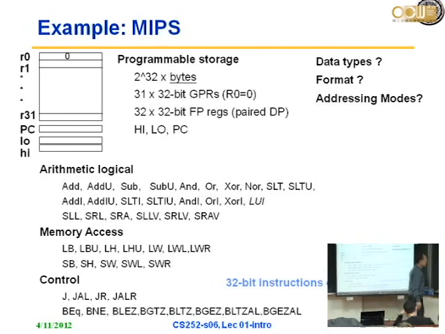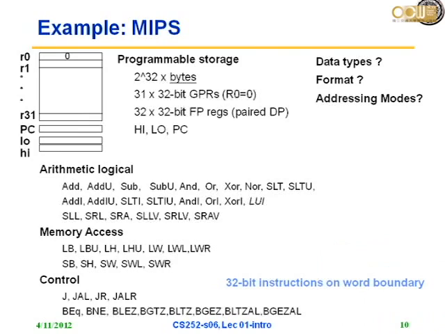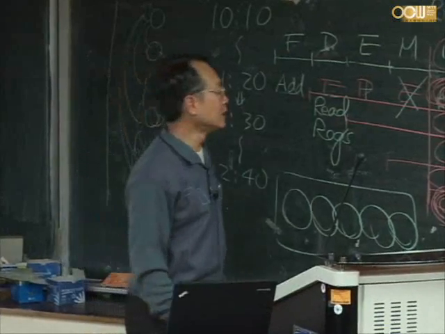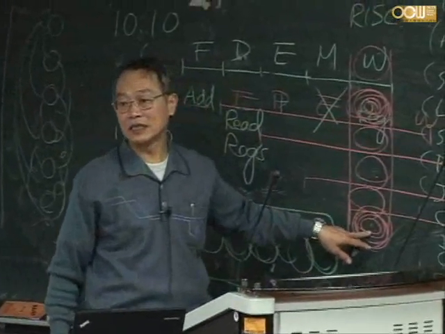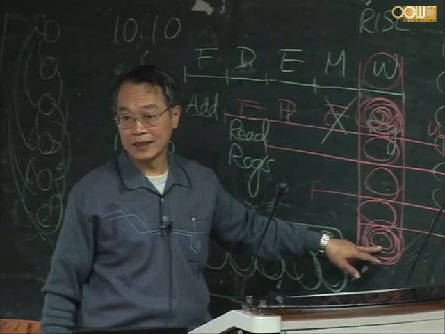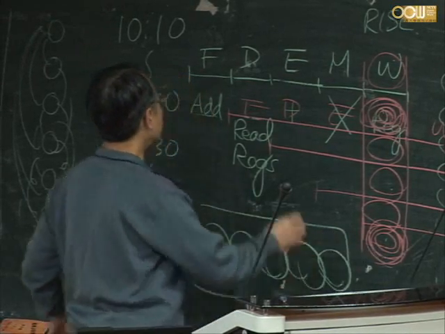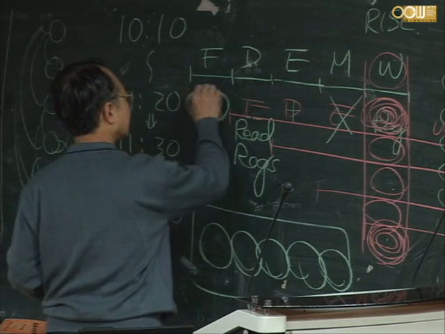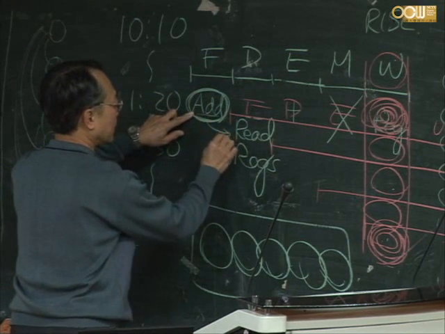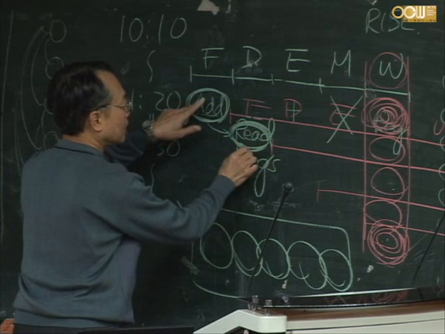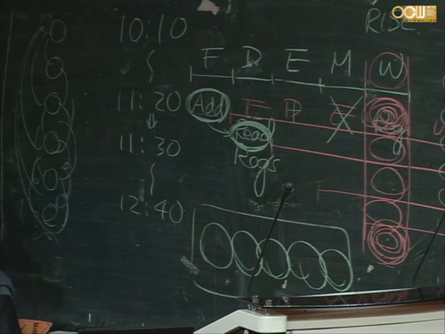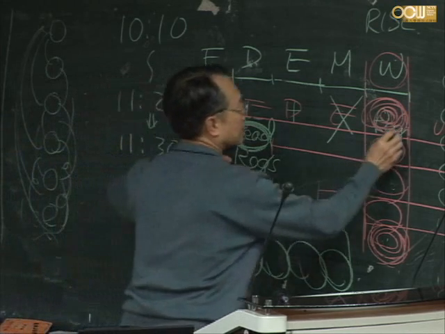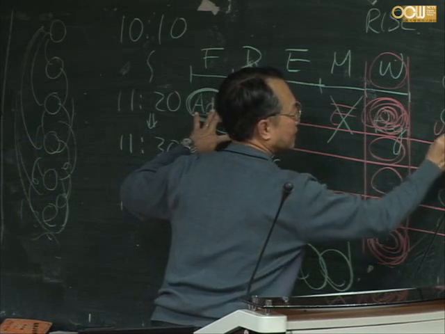Okay? So, in doing the pipelining, the first difficulty we need to encounter is insufficient hardware resources. Number two, if this one calculates a value which is to be used by this one, then the result will be available after the write back, right?